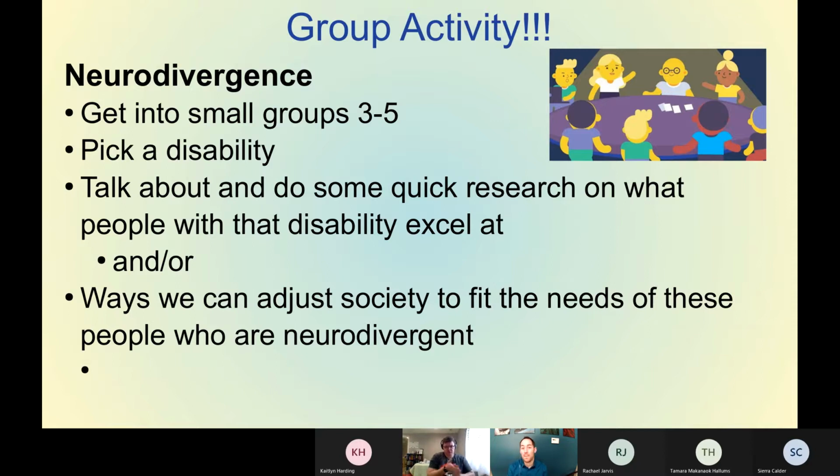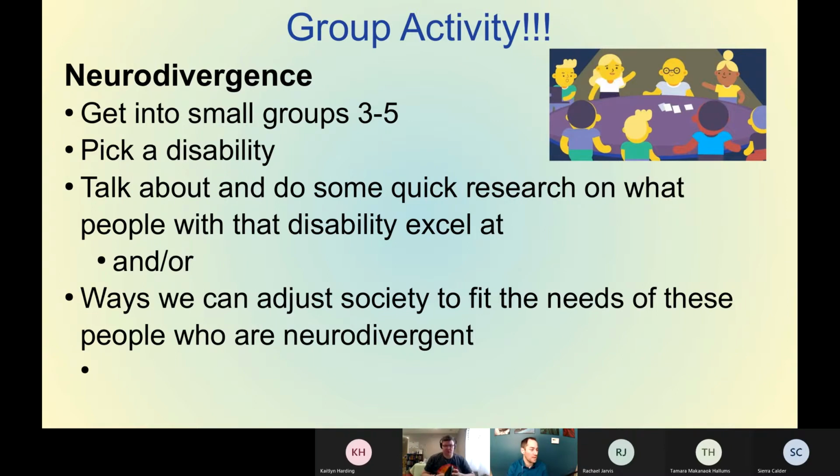And some of them have done interviews and talked about how that neurodivergence has actually helped them focus on other things or learn in a different way that they feel helps them in the business world. So either stories like that, or a better thing would be research, but I know we don't have a lot of time to do that. This is kind of like a mini question paper really quickly.